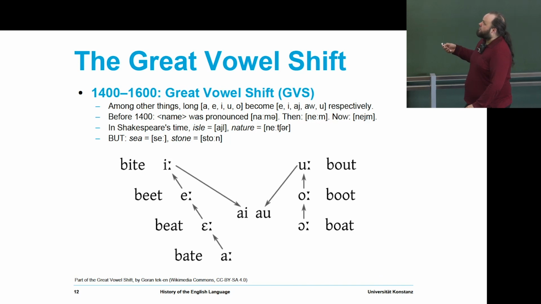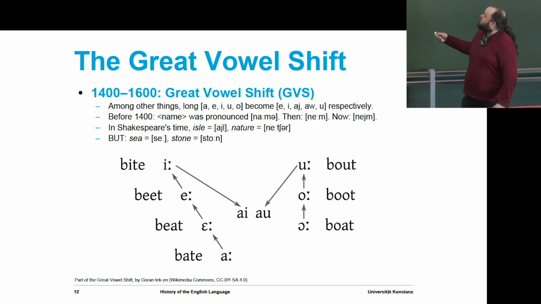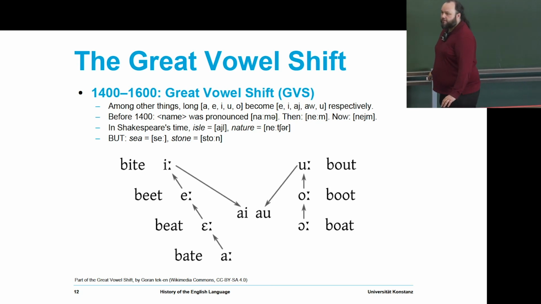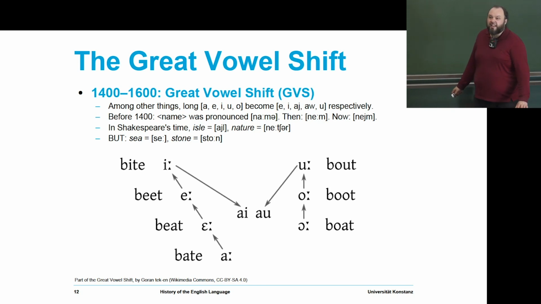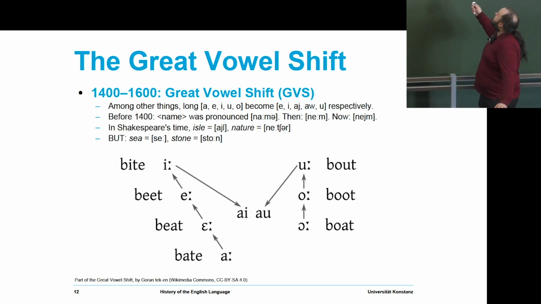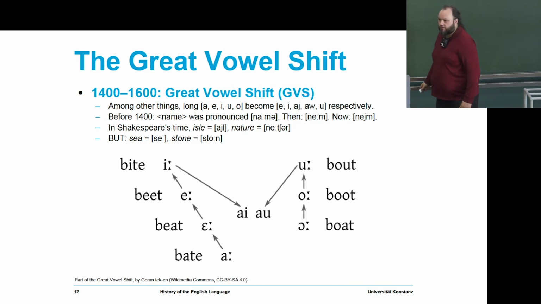So we start off with this word, which would have originally been pronounced beta, with an E, and that one actually goes down and becomes a centralized front diphthong, I. So E becomes I in words like beat, becoming bite. Similarly, the back one, this word would have originally been pronounced boot, and then it comes to be pronounced with this diphthong here, ow, so bout.